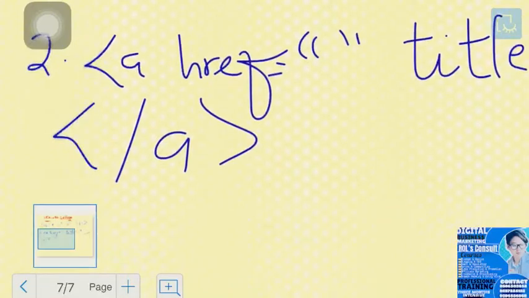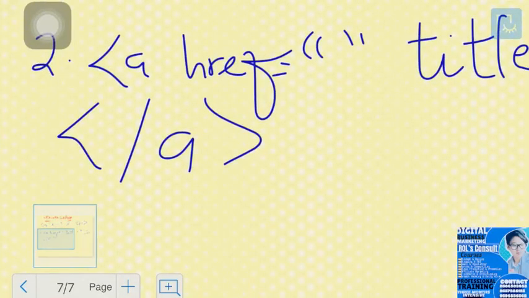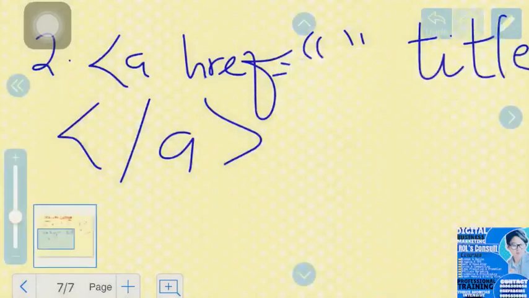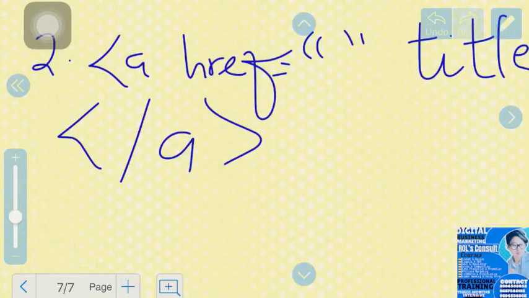Let's say I would want to select the anchor element, but in this case I want to be specific to the attribute that I am selecting. So how do we do that?